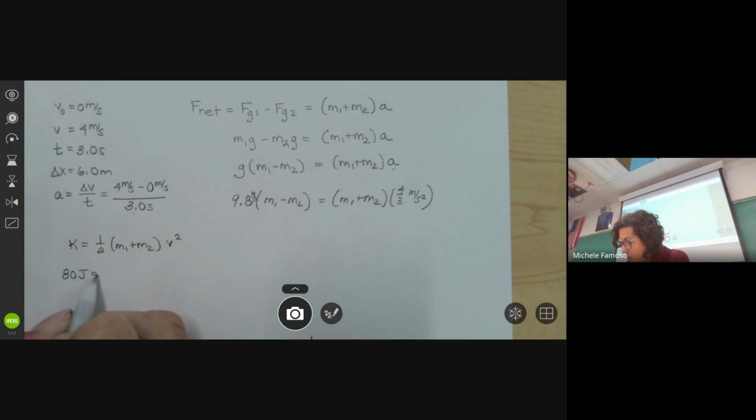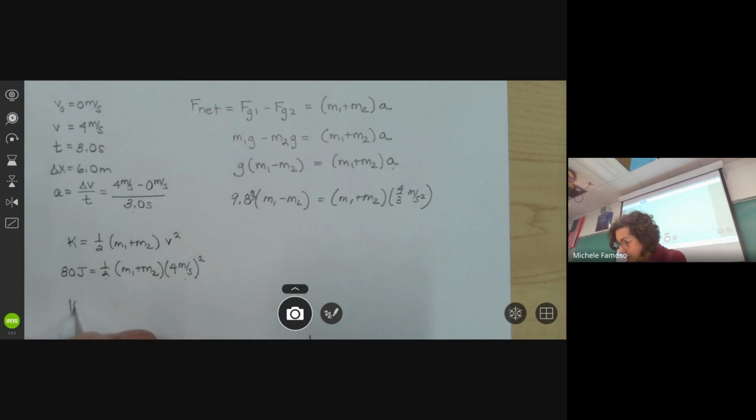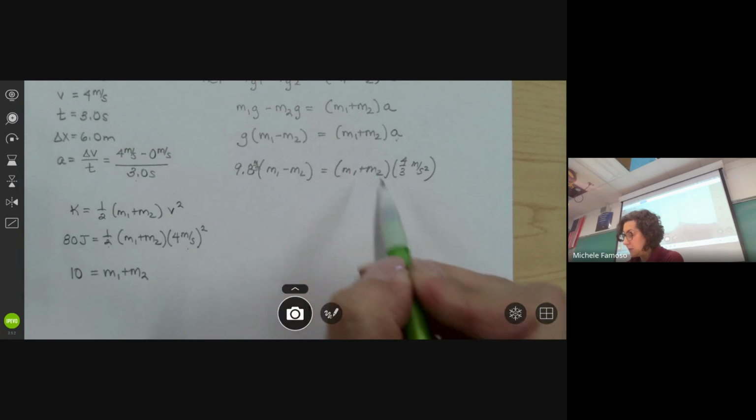So 80 joules is 1/2 of the sum of these masses times the 4 meter per second speed squared. 4 squared is 16. Half of that is 8. So 80 divided by 8 is 10. So I know that 10 is mass 1 plus mass 2.